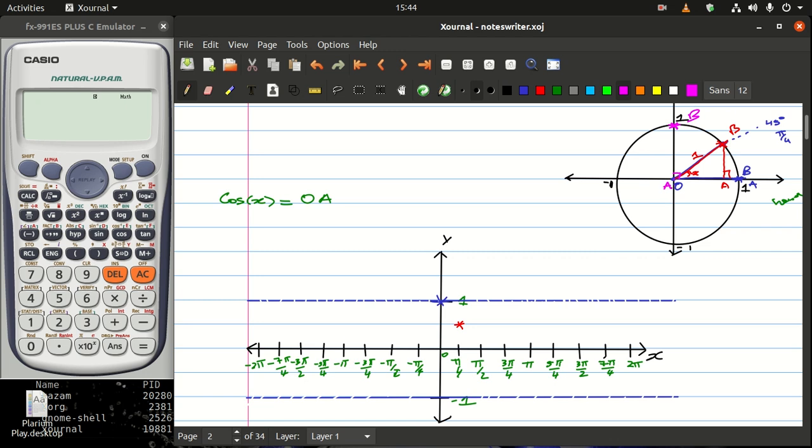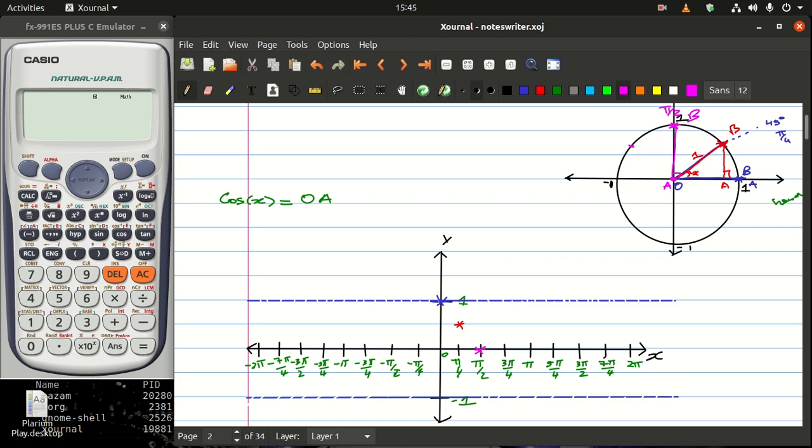So our A is going to be at the origin, because the perpendicular line will have to come here. In other words, A and O are at the same point there. So the distance from A to O is just 0. So we are here. It is 0 because here we have pi over 2.